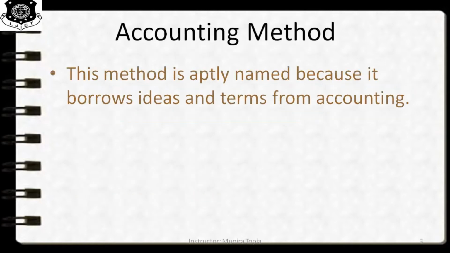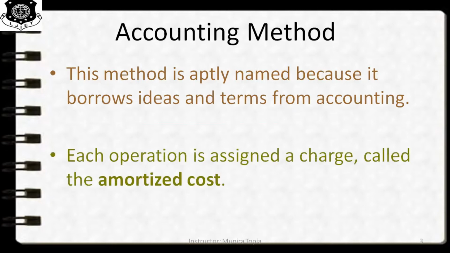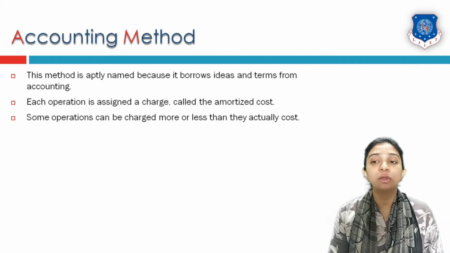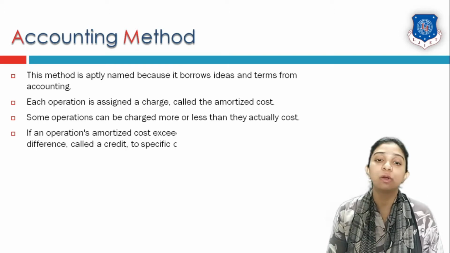The accounting method has its name from financial accounting. Basically, your operations are treated as financial transactions. That's why the name of the method is accounting method. Now, some operations can be charged more or less than their actual cost.